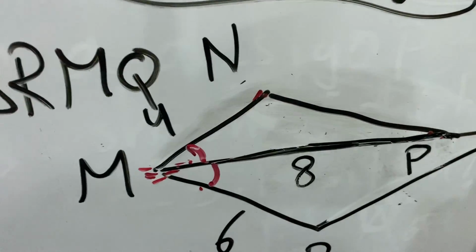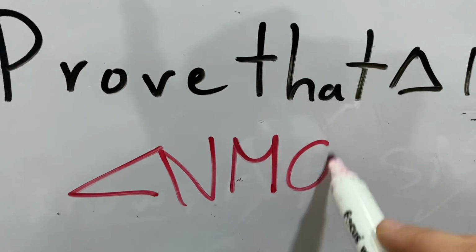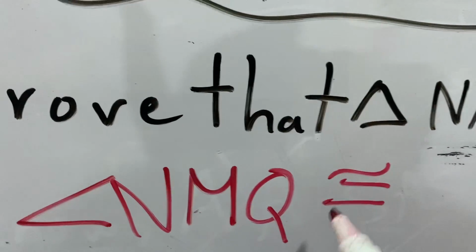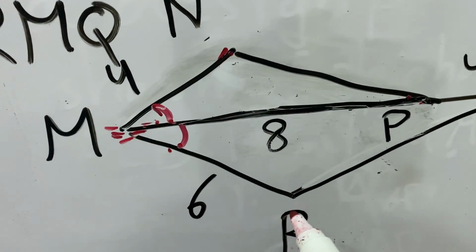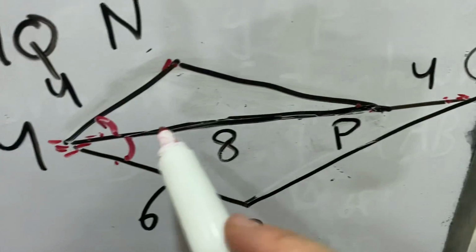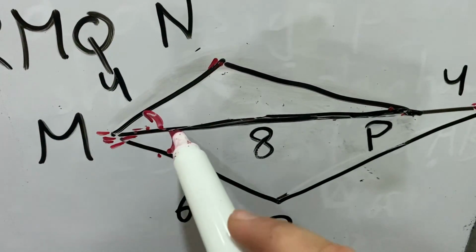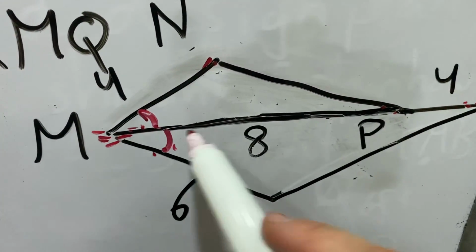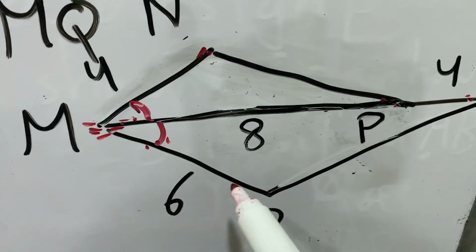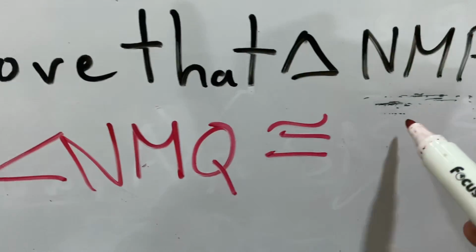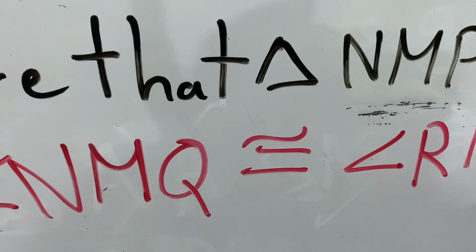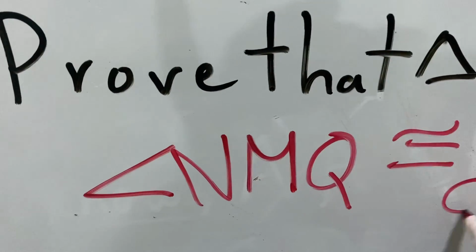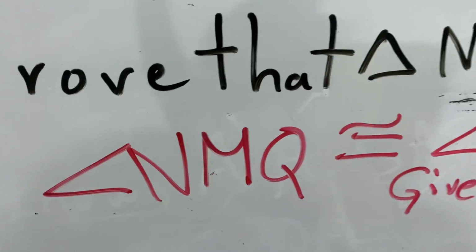Let's name it NMQ. Angle NMQ is congruent to the other angle, which is RMQ. Why RMQ? This is the M, between R and Q. What is the reason here? It's given. I'm done with the angle.